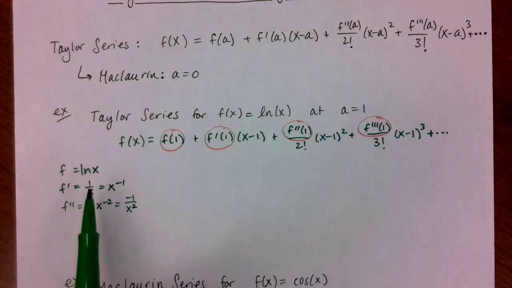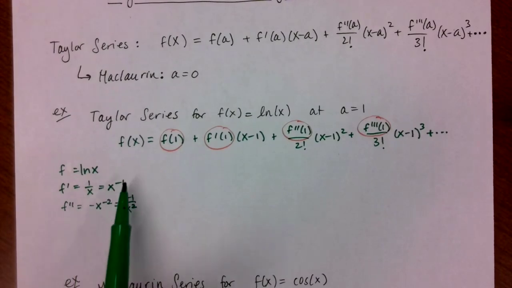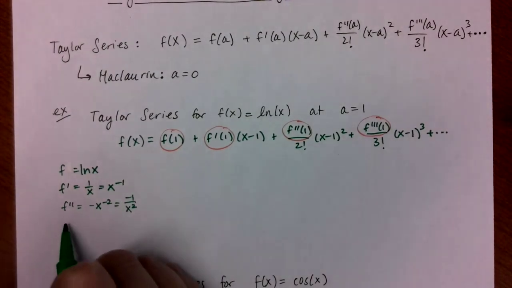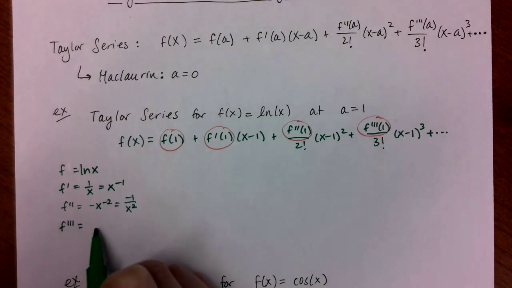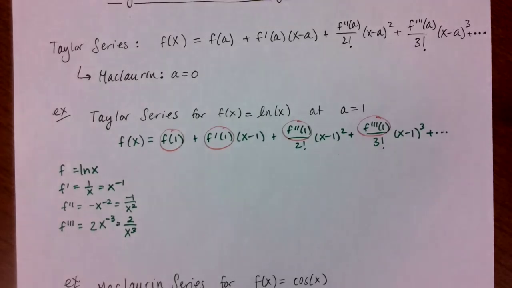For all of these, I'm actually going to have both versions of the function because the fraction's easier to actually plug a number into, but the exponent is better for the derivative step. Okay, so third derivative, we have positive 2x to the negative 3, which would be 2 over x cubed.